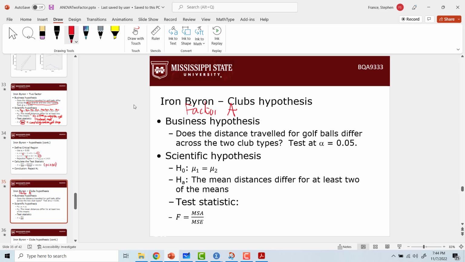So across the two, does the mean difference differ across the two club types? This is mu1 equals mu2, or we could also write mu 5 iron equals mu driver, and the standard alternative hypothesis. The test statistic is the mean squared A over the mean squared error.